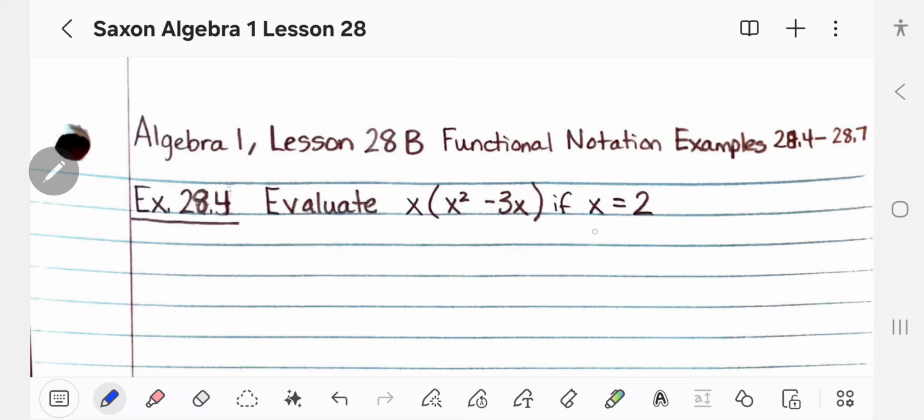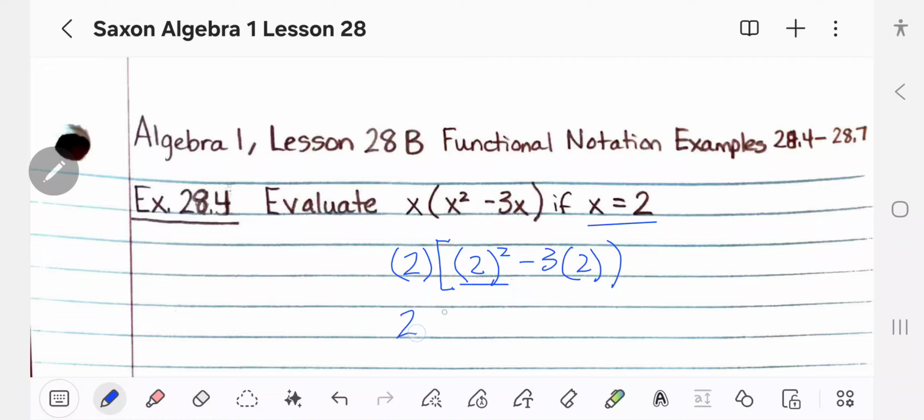You have known for a while now how to take this value for 2 and substitute it in for x. We would upgrade that, and then we would follow our order of operations.